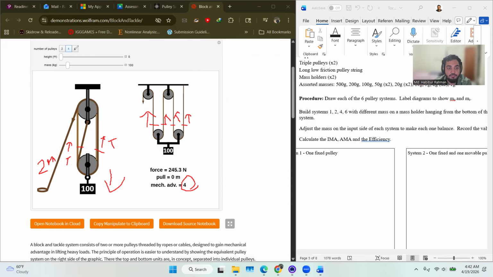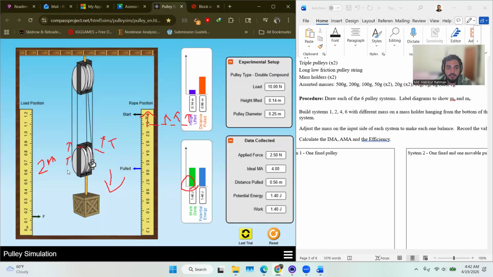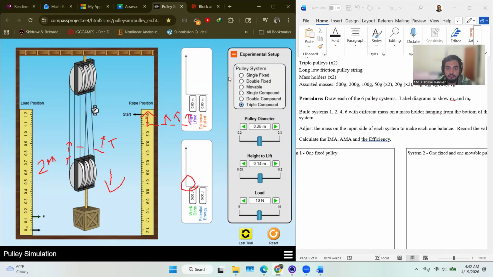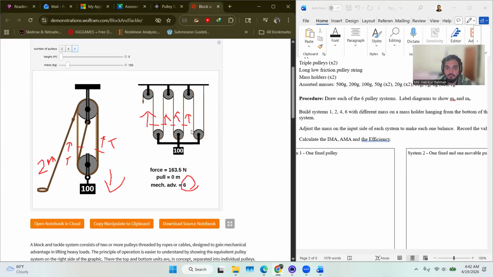Even in your home, when you are doing something, how many ropes are attached to the moving pulley? Here there are 4 of them. Triple means 3 moving pulleys and 3 stationary: 1, 2, 3, 1, 2, 3.